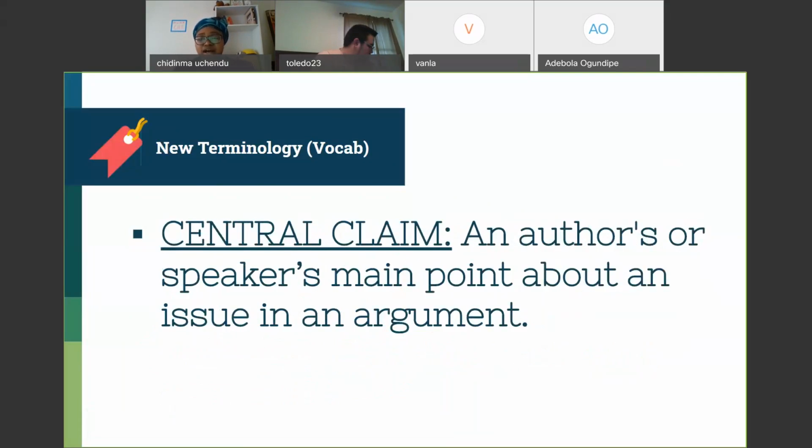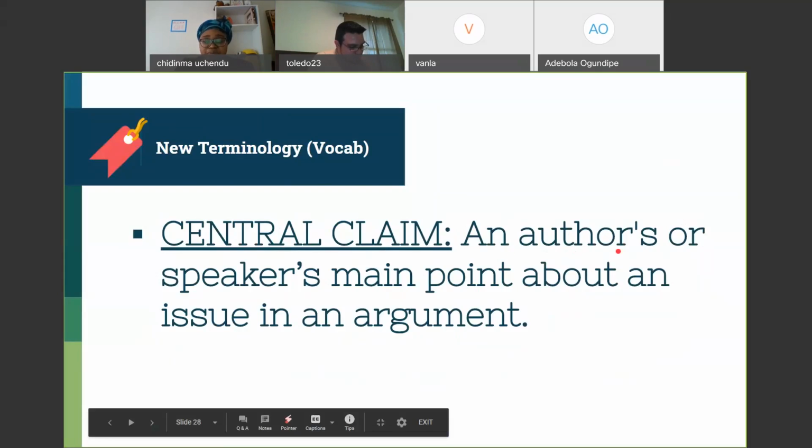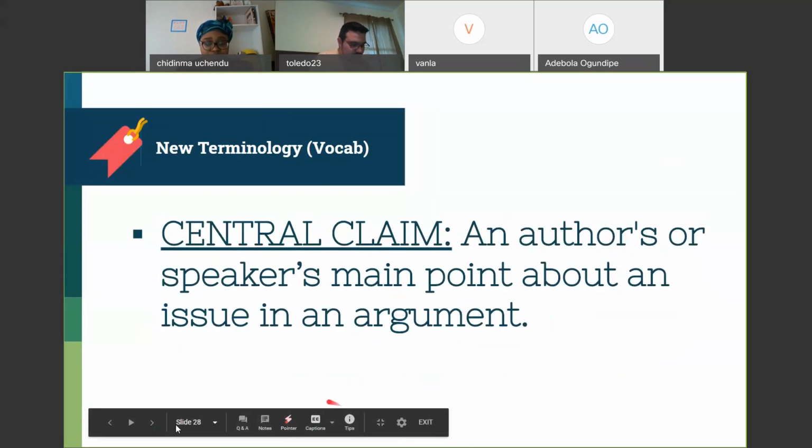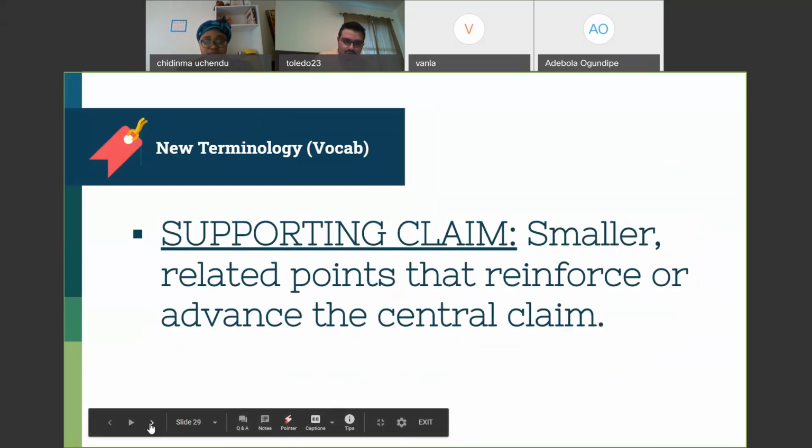So the next part, the different parts of an argument, right? We have, first of all, the claim, which is an author's or speaker's main point about an issue in an argument. So the claim is the main point. What is the main thing that this person is saying? That is your claim. The next thing is a supporting claim.